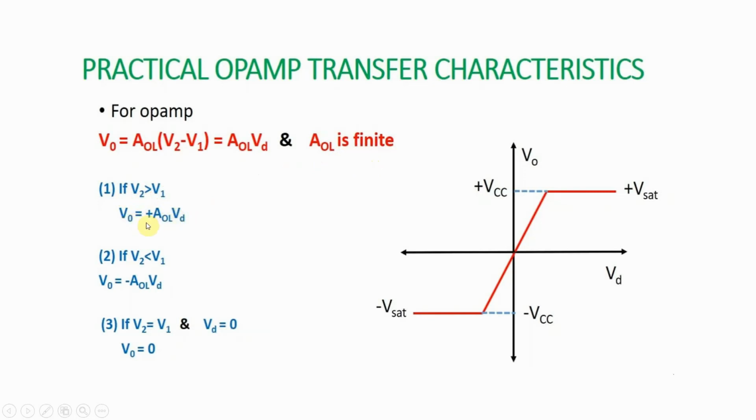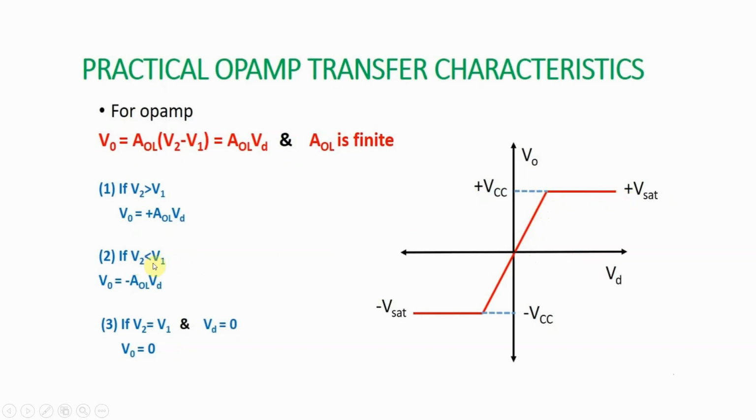As we increase the differential input voltage, the output voltage increases, and at the maximum value it becomes constant, right? That is the plus V saturation. Remember, in an op-amp the maximum output voltage is the plus V saturation.